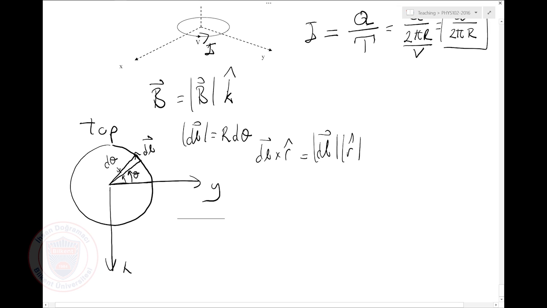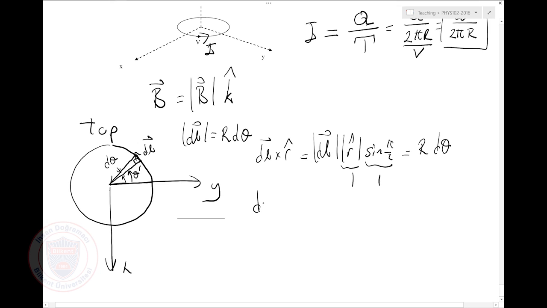The angle between dl and r, if this is the r vector, is 90 degrees. So it's just going to be sine pi over 2, which is 1. r hat is a unit vector, so it has magnitude 1, and dl magnitude is r d theta, so that's great.